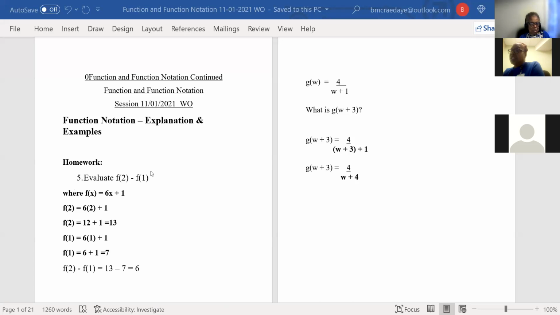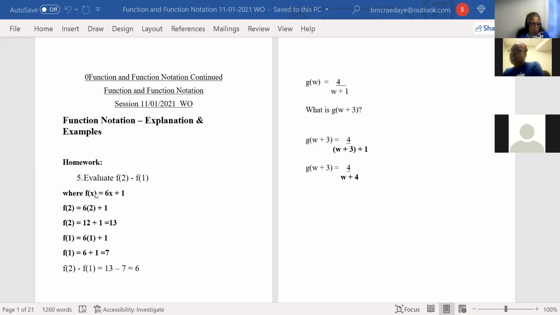Latoya did this one and sent me the answer, so I sent her another one that you don't have, and we'll go through that one. F of 2 minus f of 1, where f of x is 6x plus 1. F of 2 means wherever we have an x, we put a 2, and for f of 1, we put a 1.